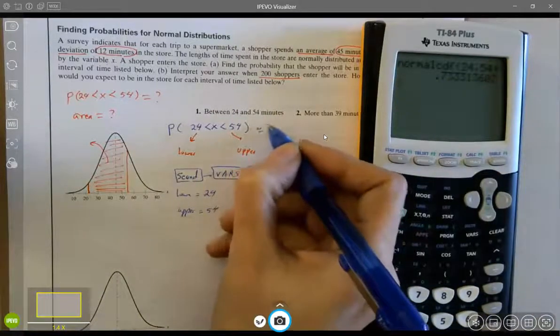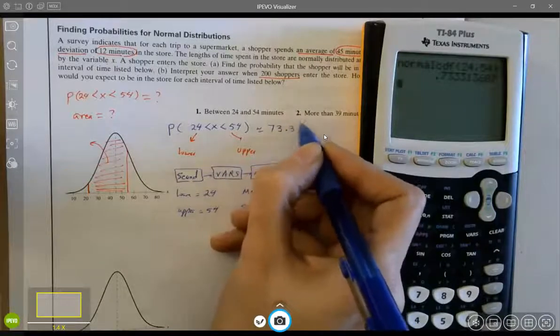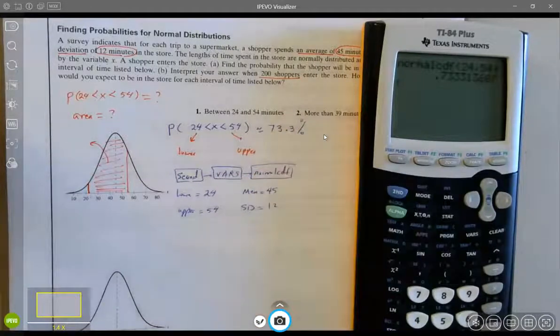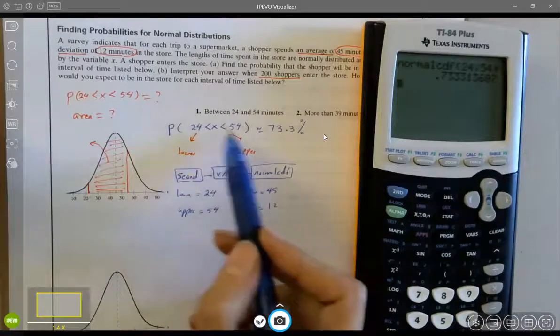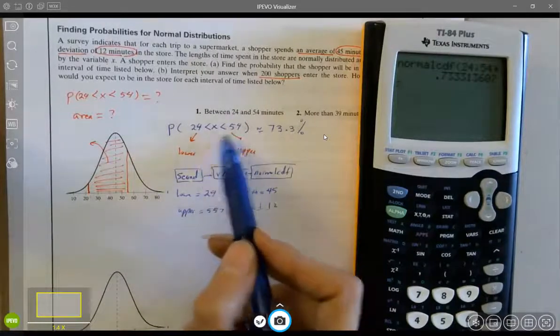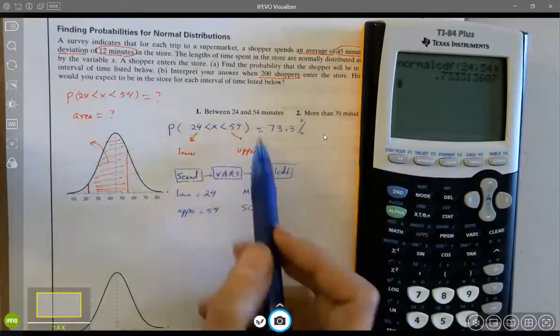So this is almost 73.3%. So the probability that the shopper spends between 24 to 54 minutes in the store is 73%.